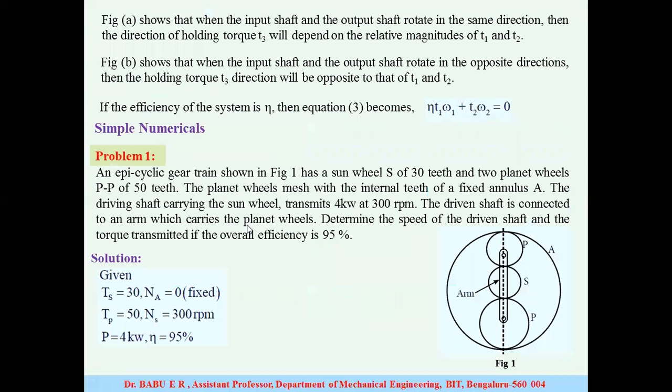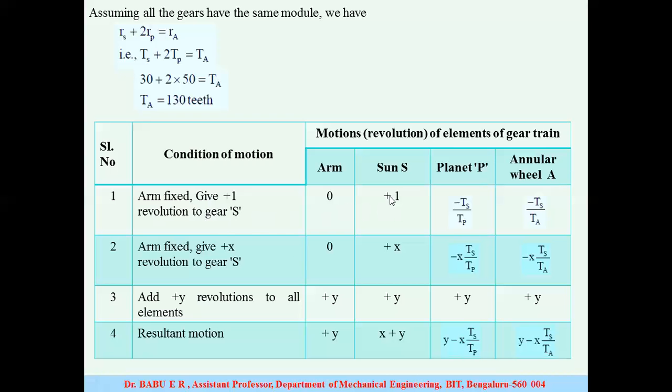Give plus one revolution to the sun gear only. So revolutions of RM will be 0, and revolutions of the sun gear will be 1. Now you have to find out the revolutions of gear P and gear A.